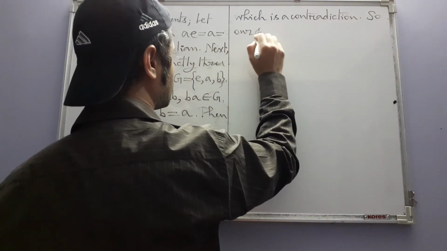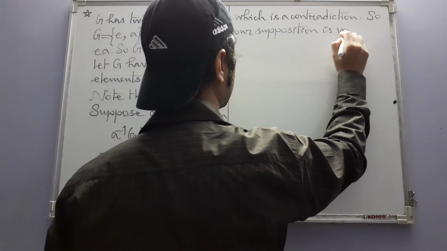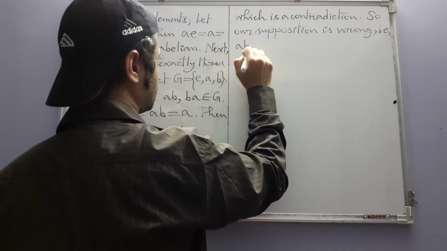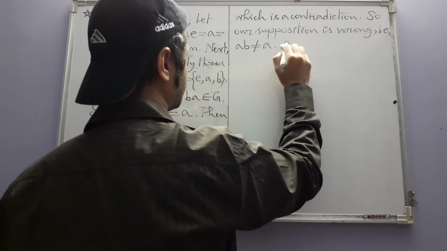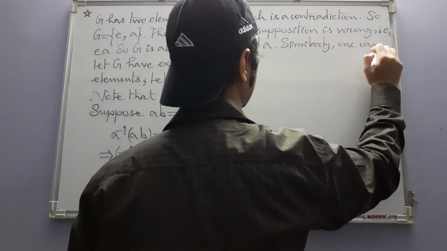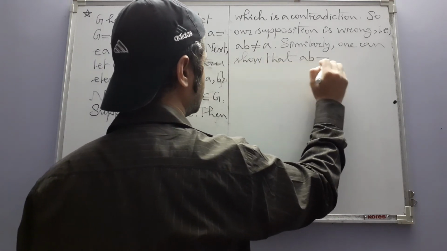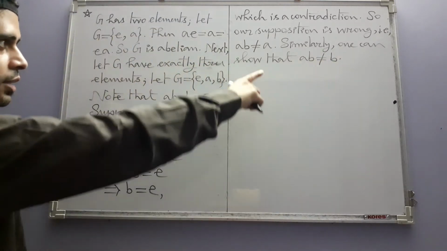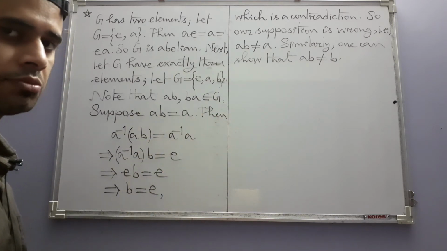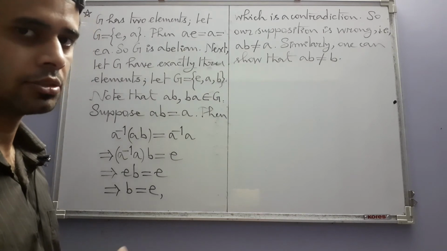So the supposition is wrong, i.e. AB is not equal to A. Similarly, one can show that AB is also not equal to B. If you assume AB to be equal to B, you can do a similar calculation, this time not with A inverse but with B inverse, which will give you the erroneous conclusion that A is equal to identity, which is not true.